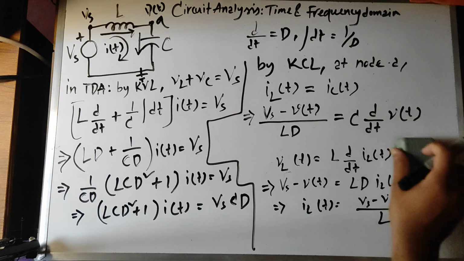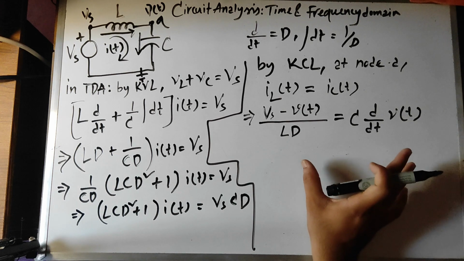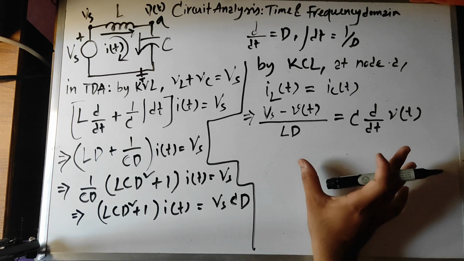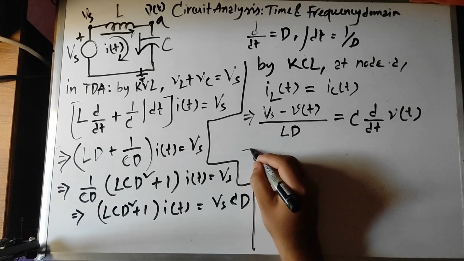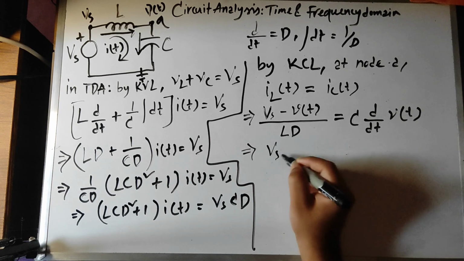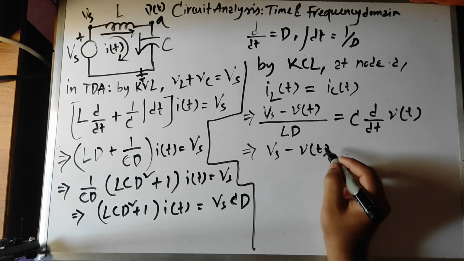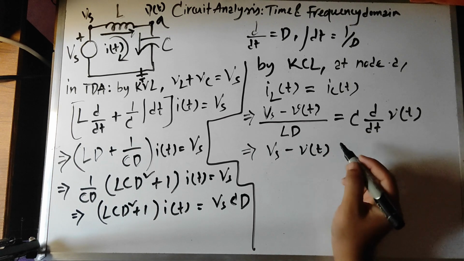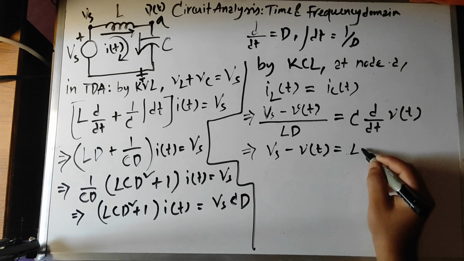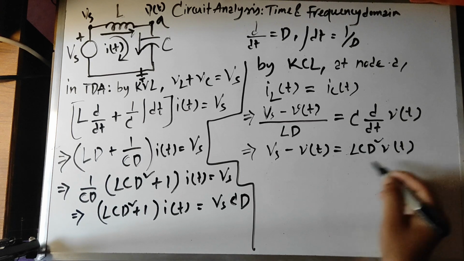Now that we have found the expression by applying KCL, let us rearrange this. So Vs minus Vt equals LCD² Vt.